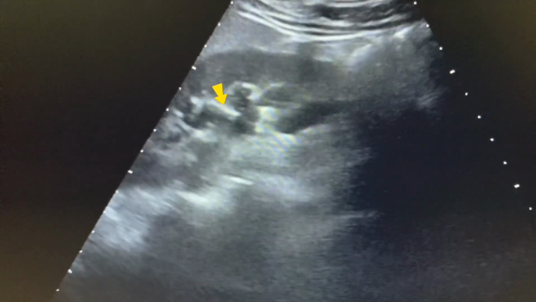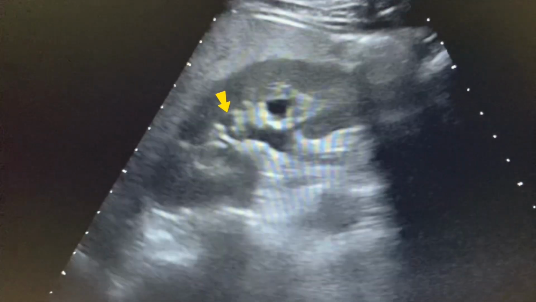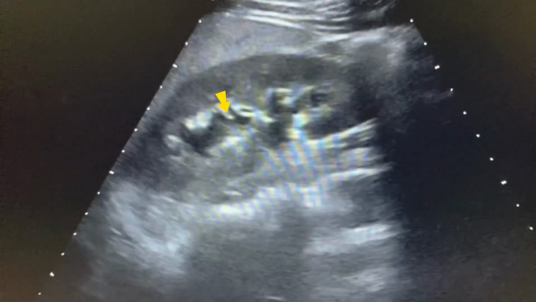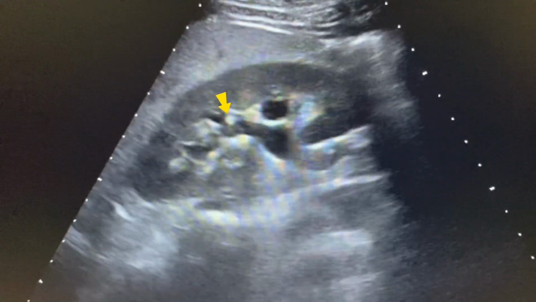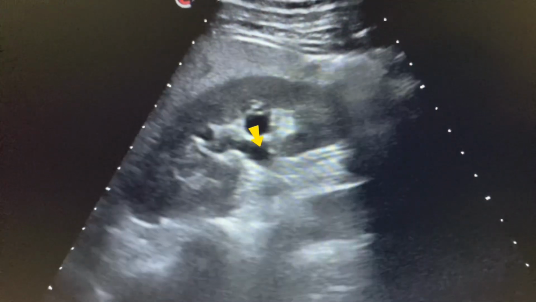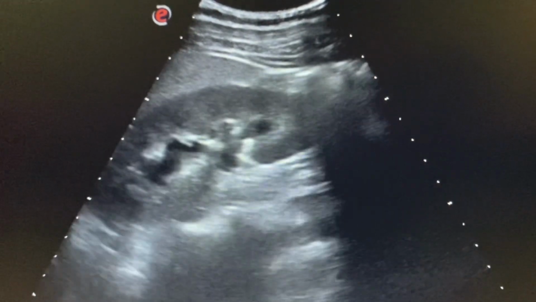Now if we see the pelvis, we see the dilatation of minor calyces and major calyces. Also we see the dilatation of the proximal part of the ureter.